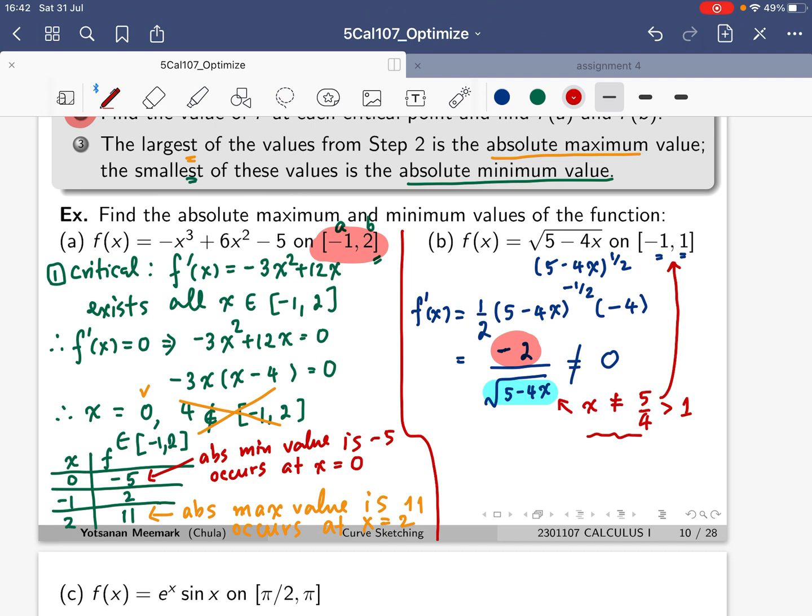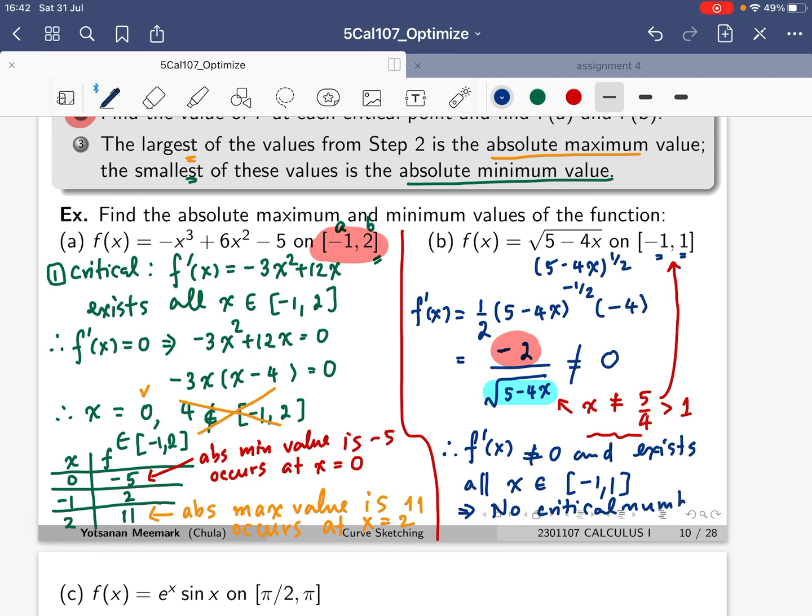So it means that your f prime of x can never be 0, and it exists for each and every x inside this closed interval. So there is no critical number.